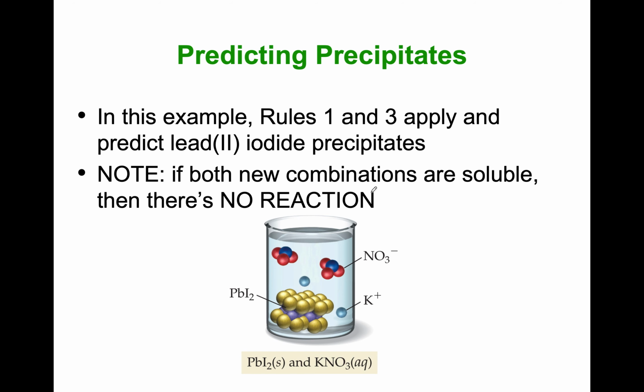What I really want to emphasize, if there's no combination that forms a solid, or their new combinations are soluble, there's no reaction. Nothing happens. Remember, our evidence to start this chapter was forming a solid was one example. Well, there's no evidence if there's no solid. So here, in this case, the rules predicted, and here's the evidence, a solid forms.